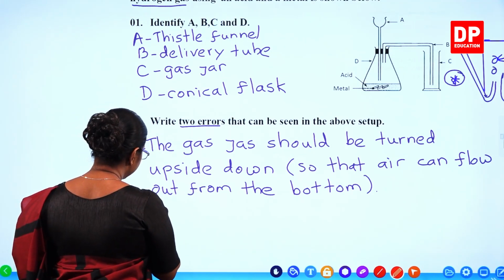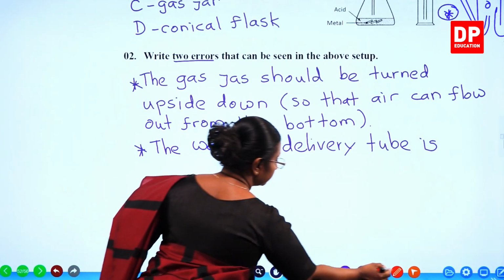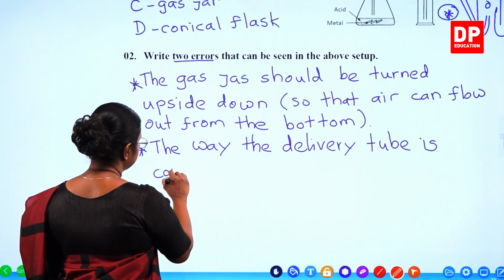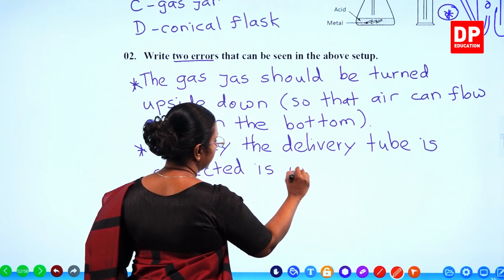So, there we can say the way the delivery tube is connected is wrong.